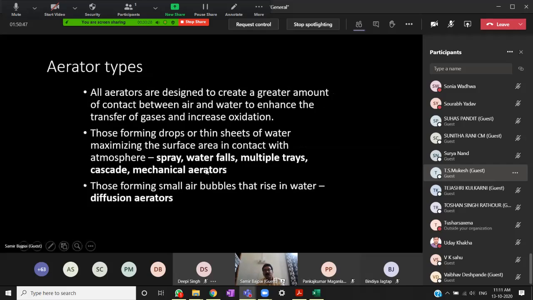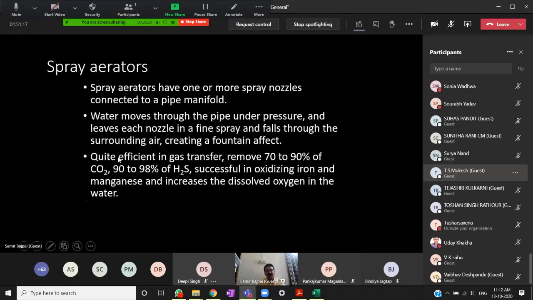So water in air is spray and fountain spray, waterfalls, multiple trays with water falling over them, water falling in a series of steps known as cascade. Then you can physically rotate the water using mechanical aerators. Then of course, air in water will be diffusion aerators, where you introduce small air bubbles using an air compressor in the water volume.